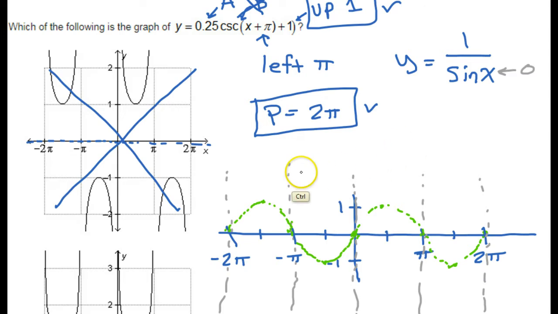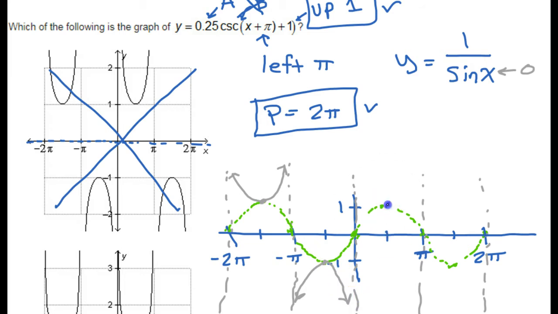Okay, so the cosecant function touches the top of each hill and the bottom of each valley. So there should be a loop of the cosecant function right here, reaching towards these asymptotes, and there should be another one down here, reaching down.